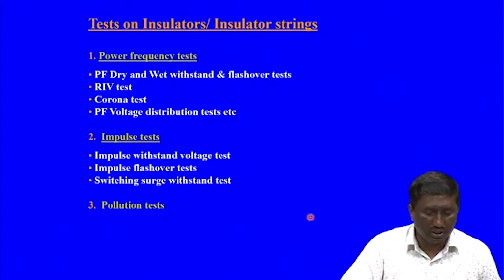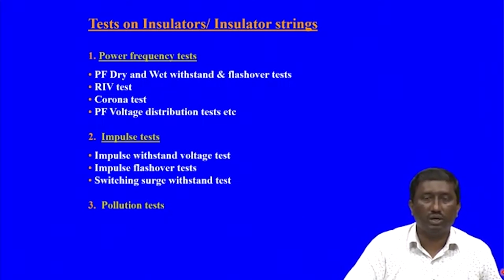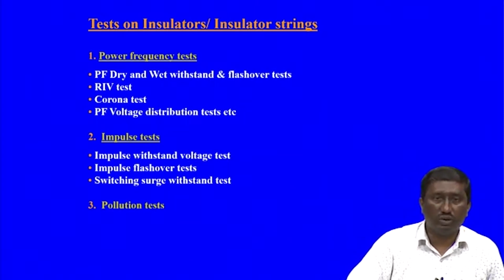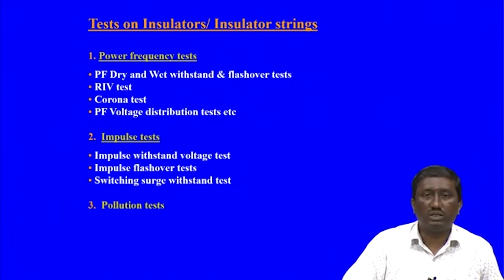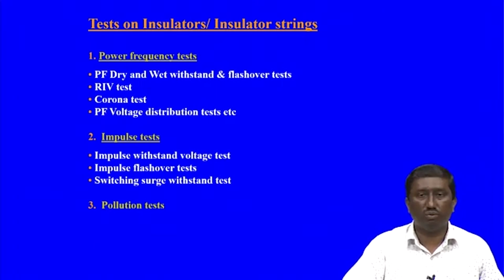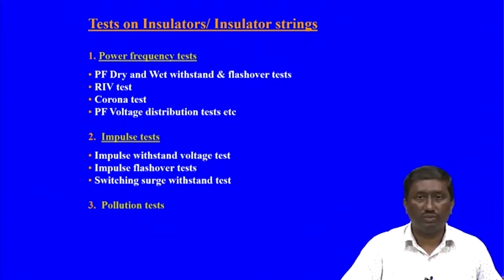Then pollution tests, or a contamination test, this is very important above extra high voltage levels. So, the pollution or contamination phenomena has to be simulated in the laboratory, and for the worst conditions the insulators have to be tested or the surge arresters have to be tested for pollution tests in the laboratory.